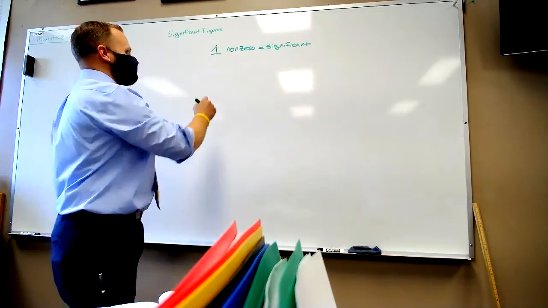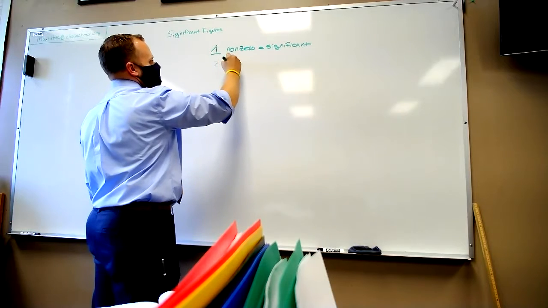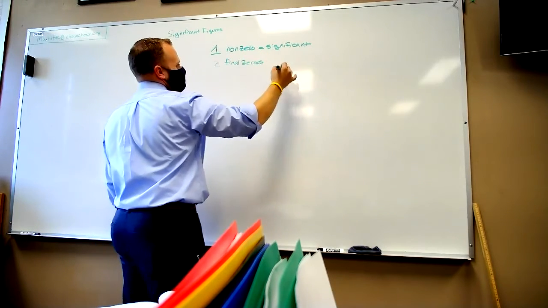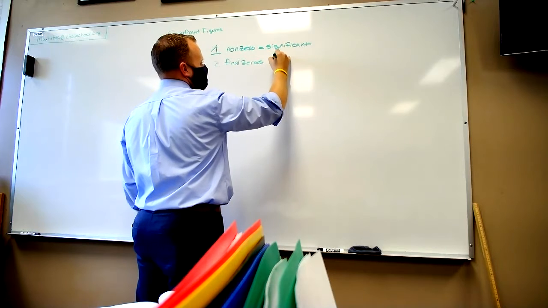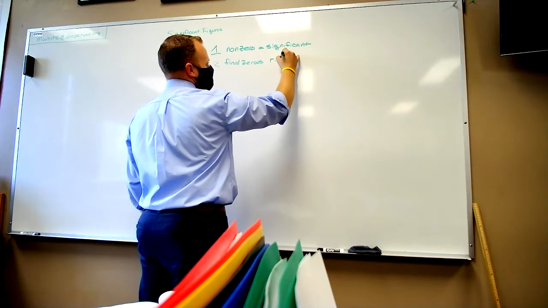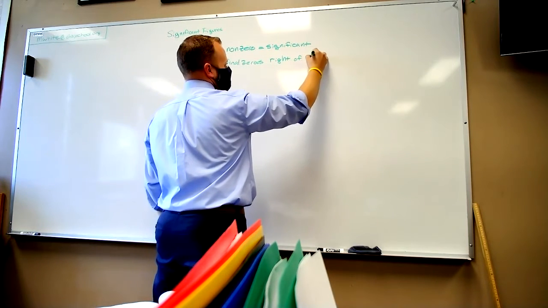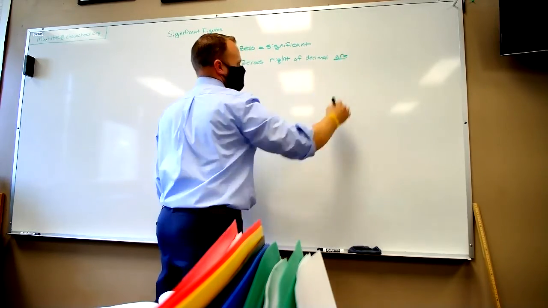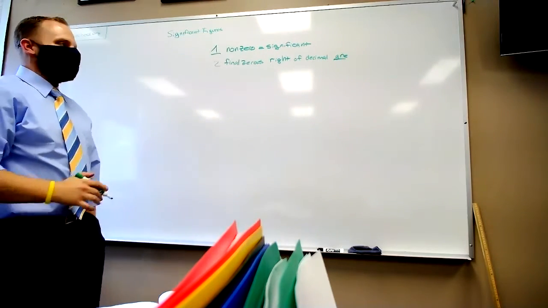So rule 2, final zeros to the right of the decimal are significant. So what does that mean?